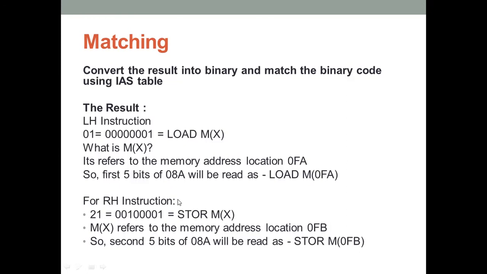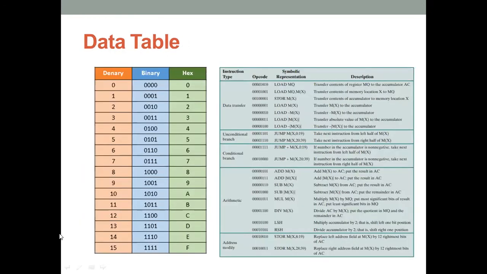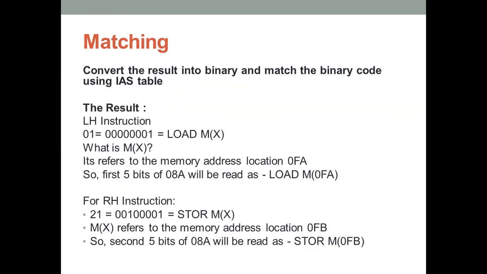For the right hand instruction, we do the same. First, convert the decimal number into binary, and using the binary number that we have converted, match it with the IAS table. So for 21, from the binary code, we got 00100001.